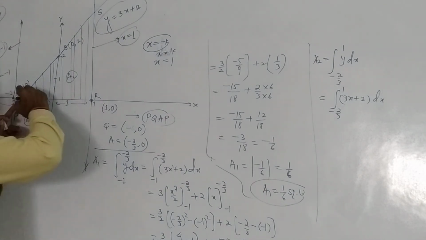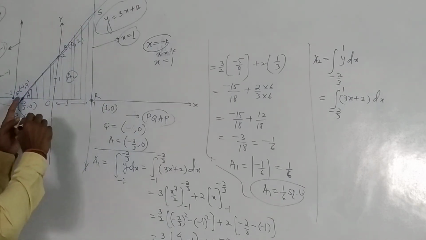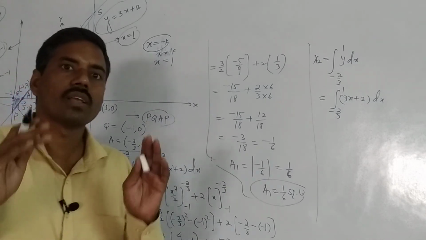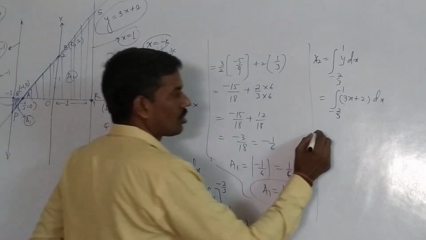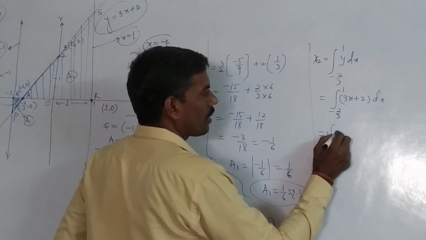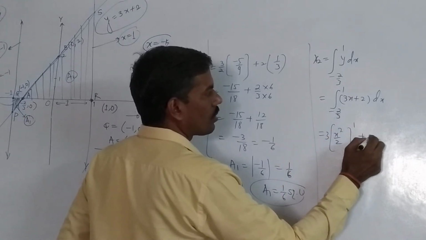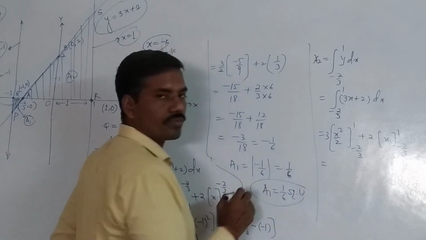The curve is AS, from A to S. AS is the part of the curve y = 3x + 2. So this is equal to 3x square by 2 from -2/3 to 1 plus 2x from -2/3 to 1.